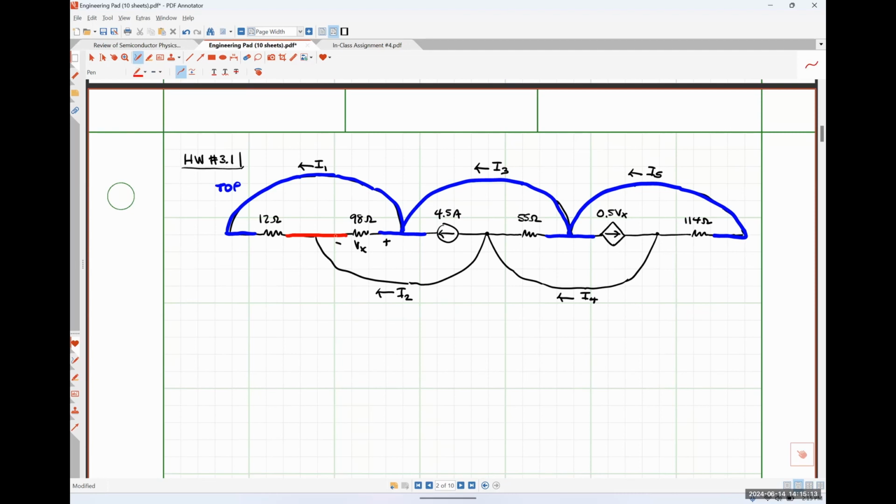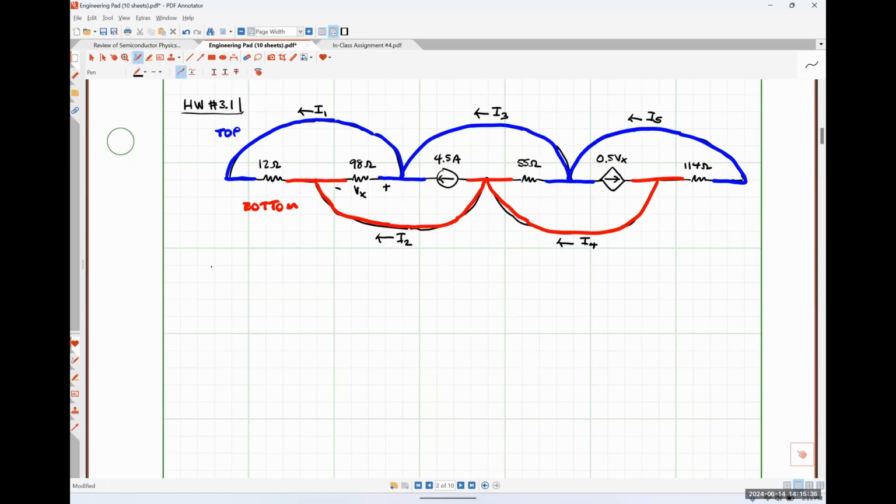And then all of this is one large node, which I am simply going to call the bottom node. So if I were to redraw this, I would start by just labeling a top node on top and a bottom node on bottom, like so, and then making connections, right?